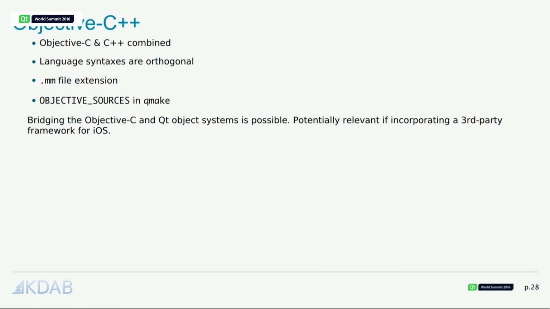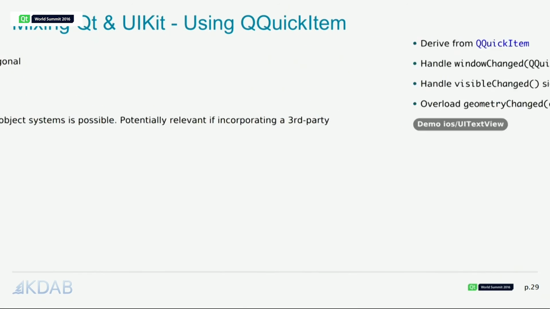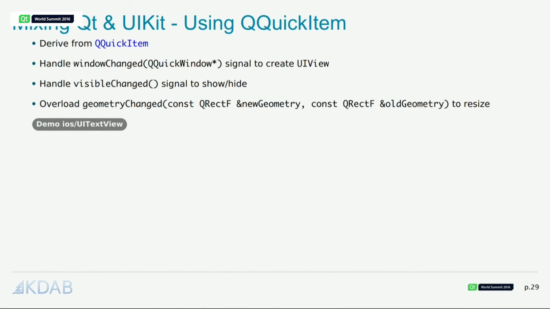But within that space, it becomes very easy to mix accessing Qt and accessing the UIKit platforms. For example, one of the things you can do is use a custom QQuick item to create a native component that will be rendered over your QQuick item.